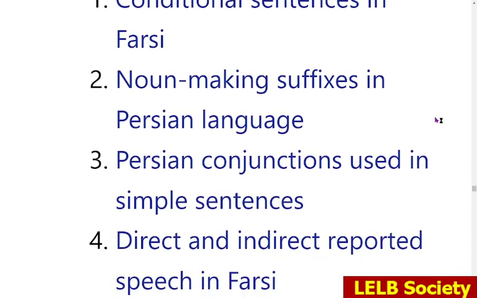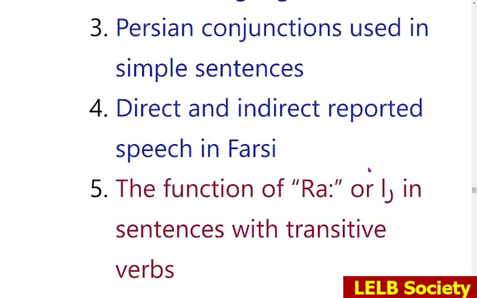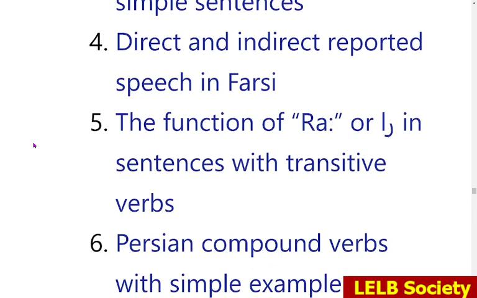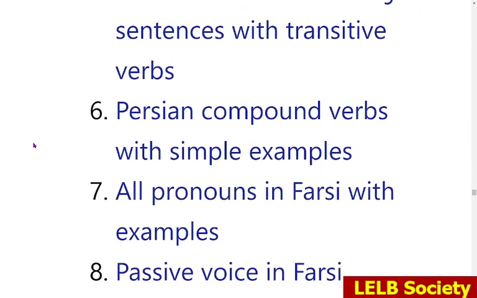Noun making suffixes in Persian language. Persian conjunctions used in simple sentences with their functions. Direct and indirect reported speech in Farsi. The function of ra in sentences with transitive verbs. In transitive verbs and sentences, you need to add most of the time ra to show that the verb is transitive.